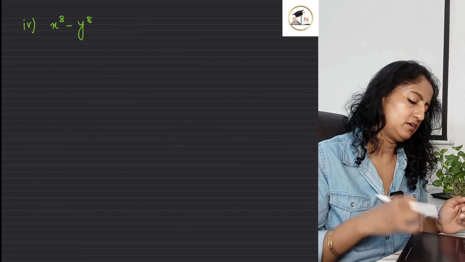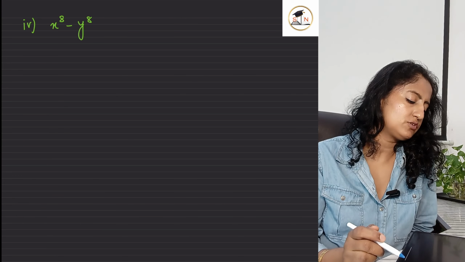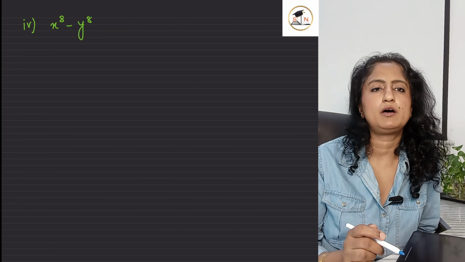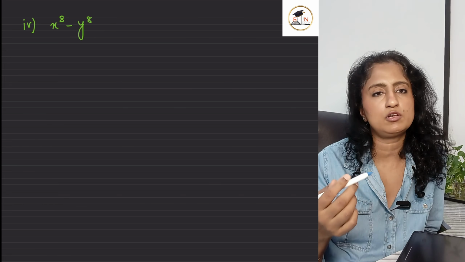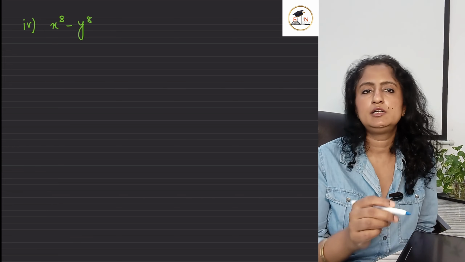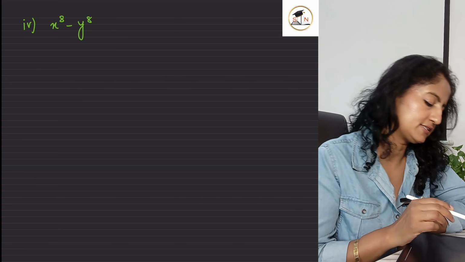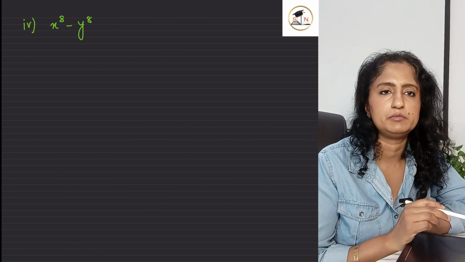Okay, moving on with the fourth. We have x to the power 8 minus y to the power 8. Now you will see, and you will say that it doesn't look like the third identity because we do not have anything for squares, and neither do we have any scope for the first or the second identity. I agree. What we need to do over here is break this 8 into simpler numbers.